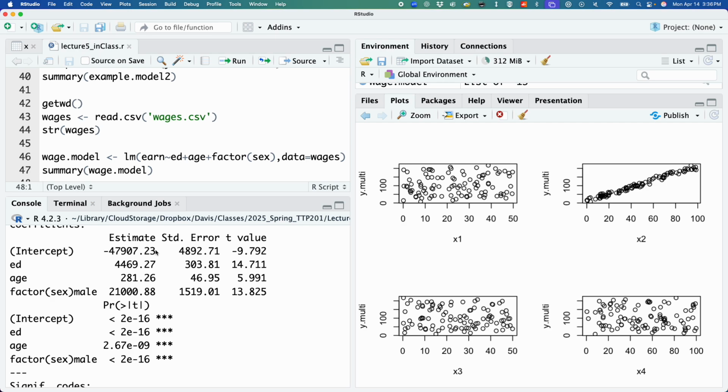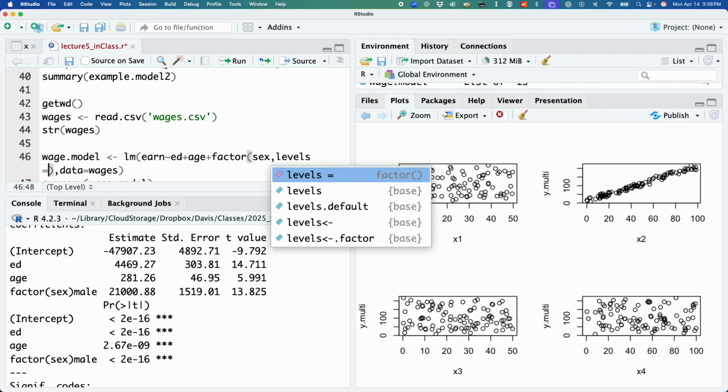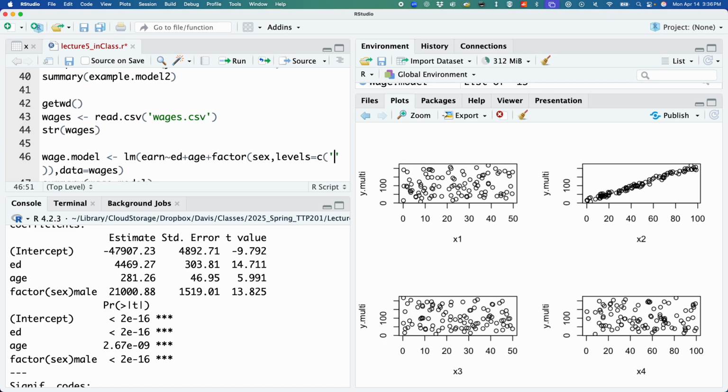So we would expect the intercept to be negative 26,000, and for female, it would be negative 21,000, right? Let's see if that's correct. All I have to do here is go into sex, and I'll go levels equals C male comma female.